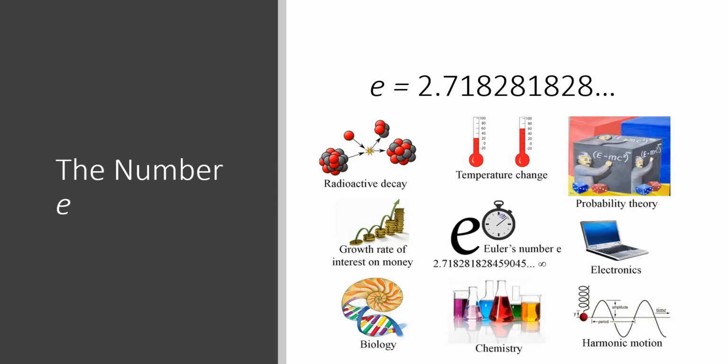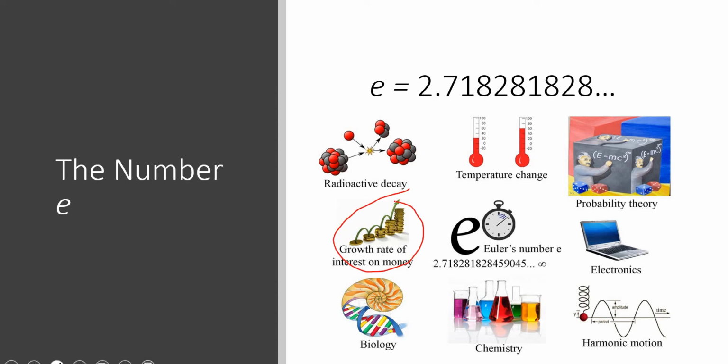Without going into too much detail, pi pops up when we're talking about trigonometric functions or circles, and e pops up when we're trying to do a number of different things. For example, radioactive decay, temperature change, probability theory, growth rate of money.